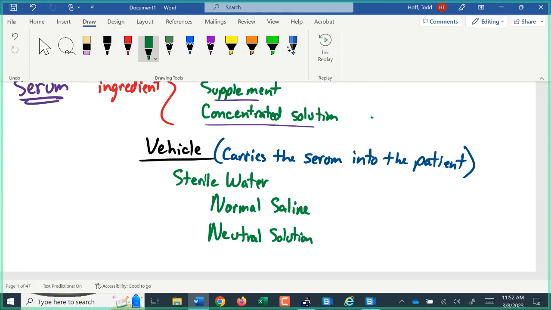So it has no active ingredient, no medicinal value to it at all. Its only purpose is to carry that serum into the patient. Notice that both of those have the initials NS. So in this course, when I refer to NS, I'm talking about either normal saline, neutral solution, some form of sterile water.